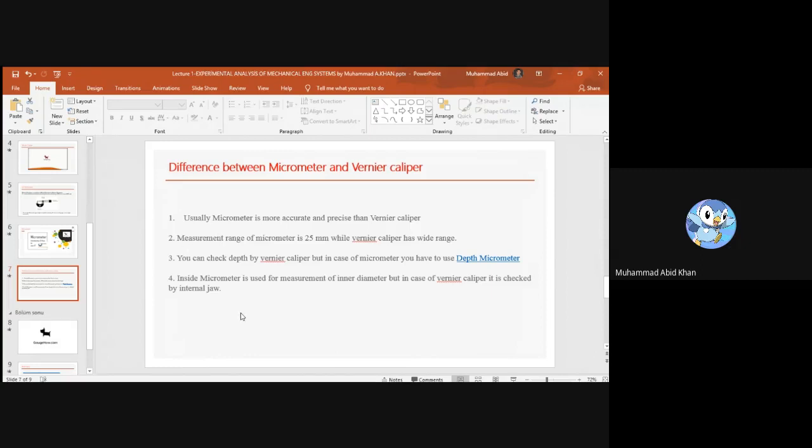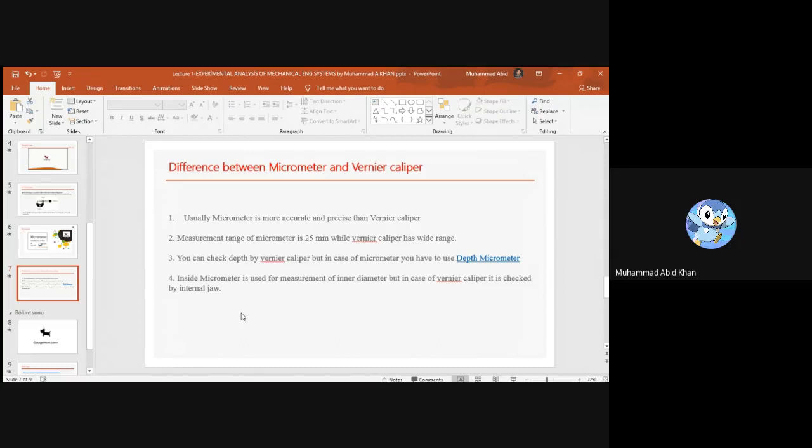Let's come to the second point. The measurement range of the micrometer is 25 millimeter, while on the other hand, the Vernier caliper has a wide range as compared to the micrometer.